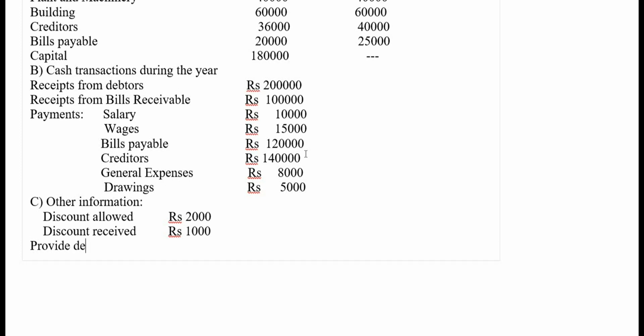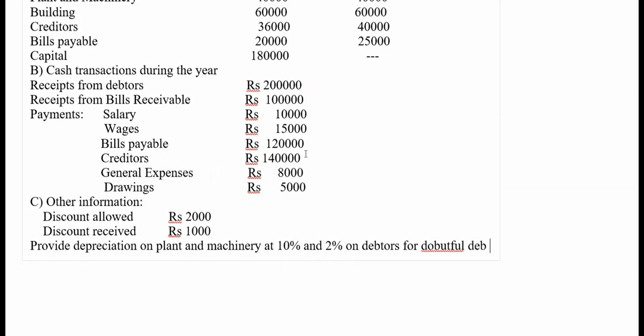Provide depreciation on plant and machinery at 10% and 2% on debtors for doubtful debts.